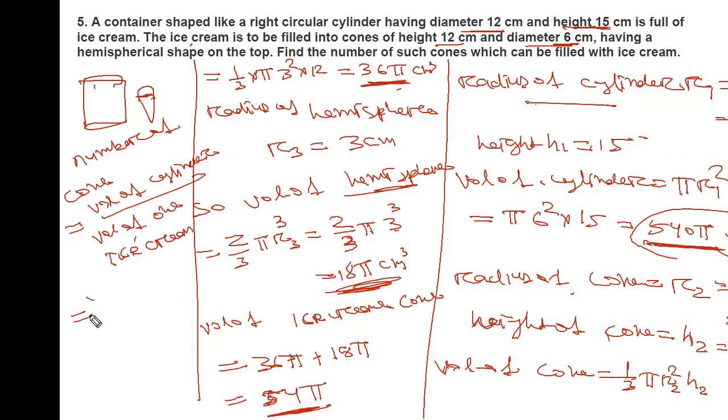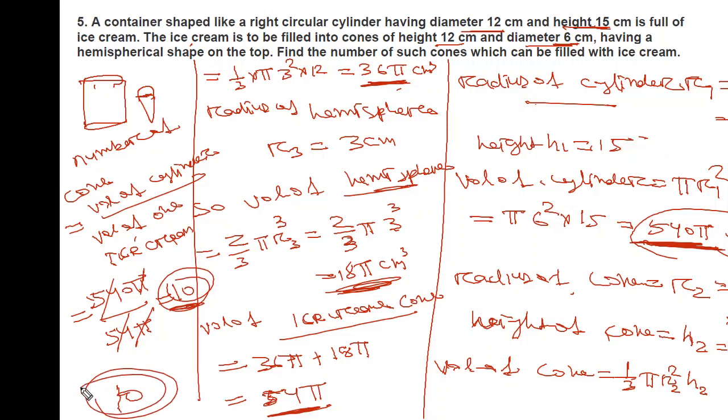So which will be equal to, we have the volume of the cylinder is 540 pi divided by volume of one cone, which is 54 pi. Now you can cancel the pi, and it will be equal to 10. So how many cones can be filled with one cylinder of ice cream? 10. So here the answer will be 10.